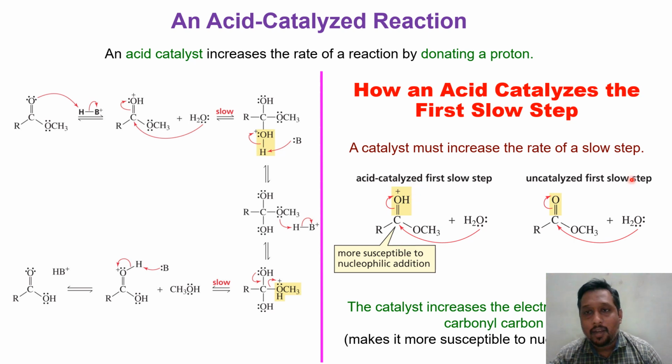If you look at this uncatalyzed reaction, a weak nucleophile cannot attack that easily to this partially polarized electrophilic carbon, whereas when it's protonated by an acid, it can be completely polarized, so the electrophilicity is more at this carbon, so that a weaker nucleophile like water can attack, thereby increasing the first slow step. The catalyst increases the electrophilicity of the carbon, thus making it more susceptible to nucleophilic attack.